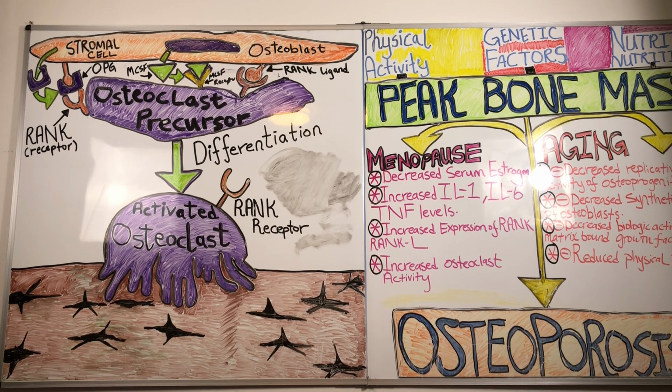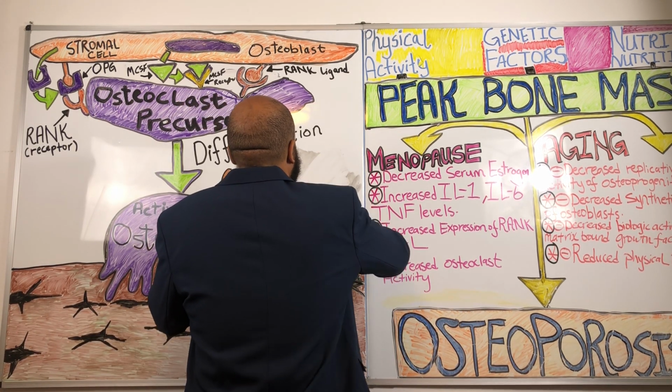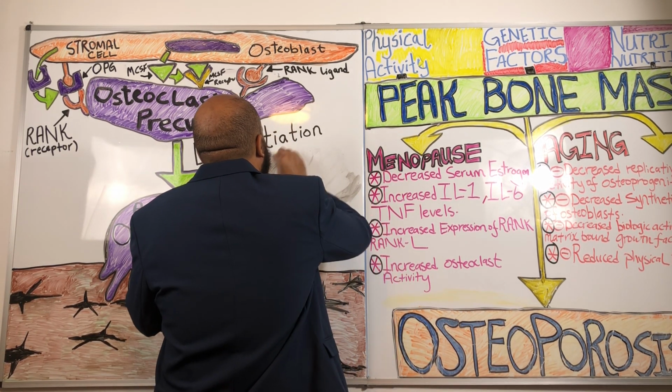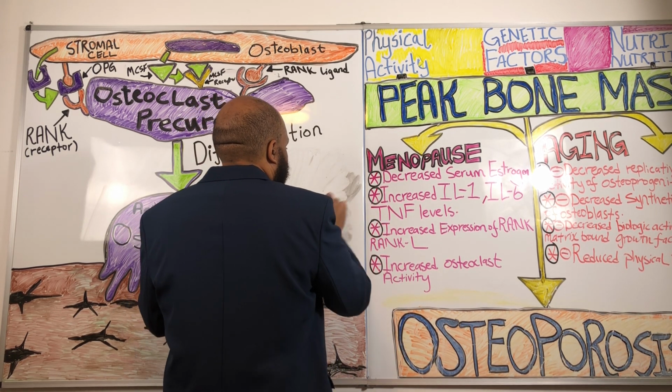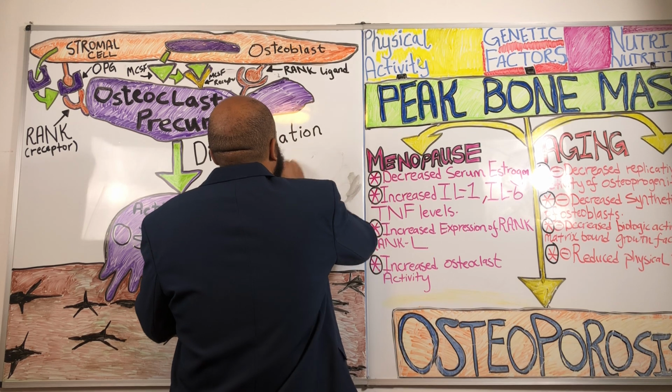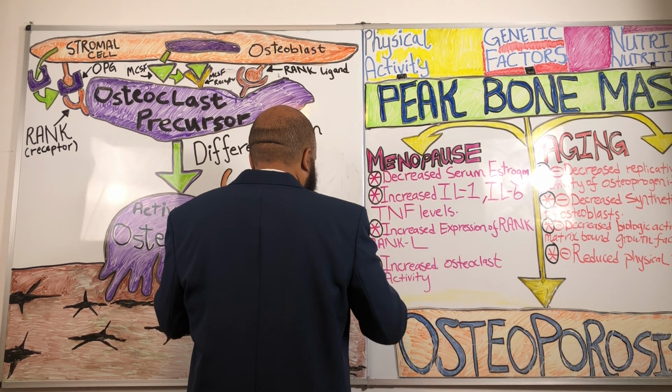And the last type we talked about is known as the osteocytes. These osteocytes are performing homeostatic surveillance to ensure that we have a homeostatic bone structure. We don't want excessive bone deposition, and we do not want excessive bone degradation.